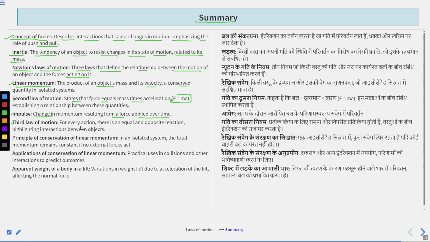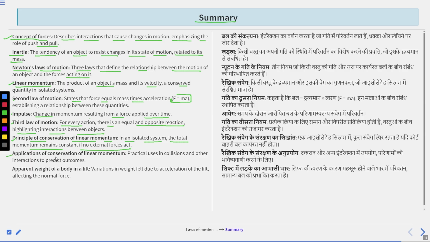The third law of motion: for every action there is an equal and opposite reaction, highlighting interactions between objects. Then the principle of conservation of linear momentum: in an isolated system, the total momentum remains constant if no external forces act.